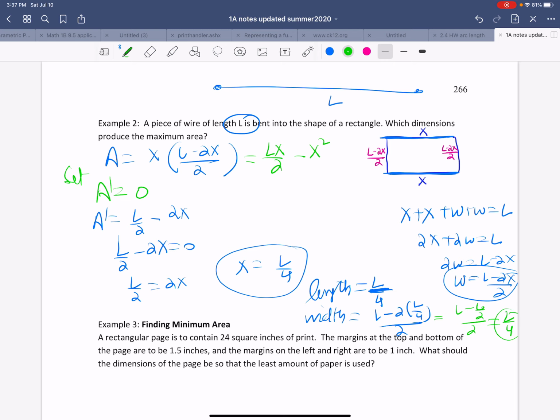So it's going to be a square with the side L over 4. That's going to give us the maximum area if the length of the wire is L.